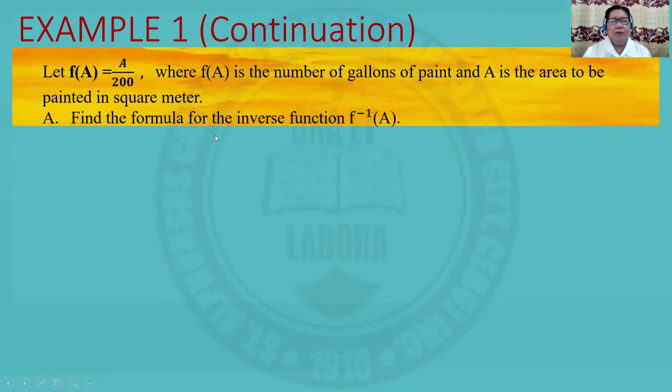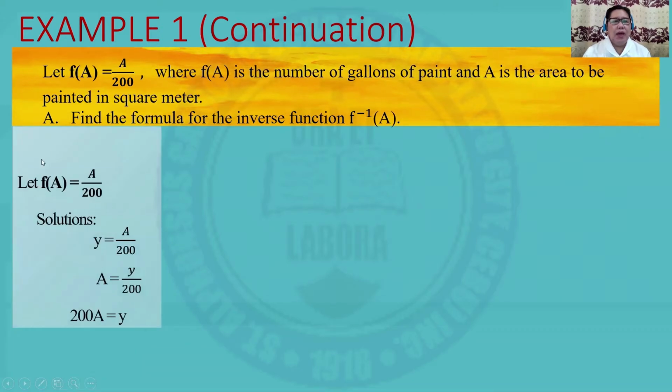Find the formula for the inverse function. So, first, you have to copy the given function, which is f of a is equal to a over 200. And this is the first solution. You will change f of a into y.